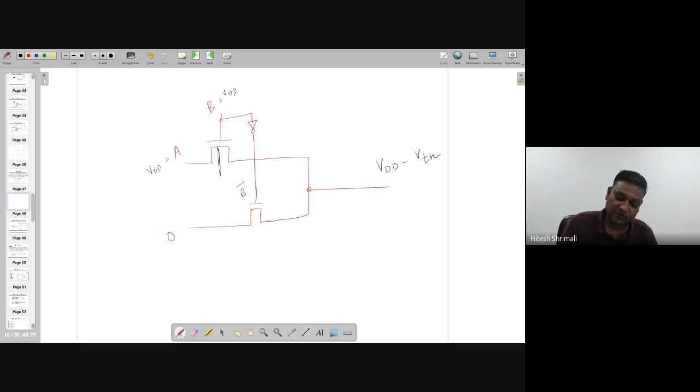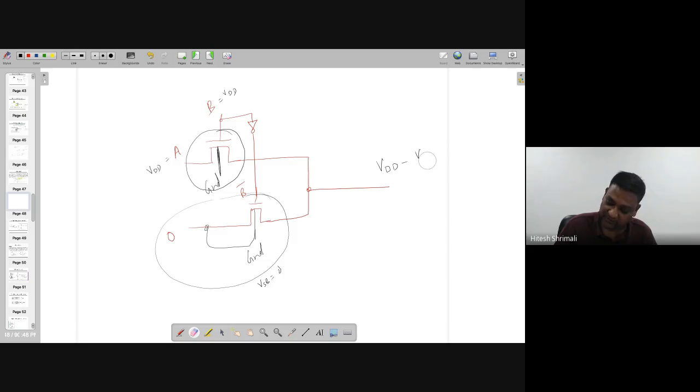But in the case of body effect, when these are connected to ground, definitely you can see here there is no body effect because source and body are tied together, right? So in this case, VSB equal to 0, but on the top side transistor, body effect is there.